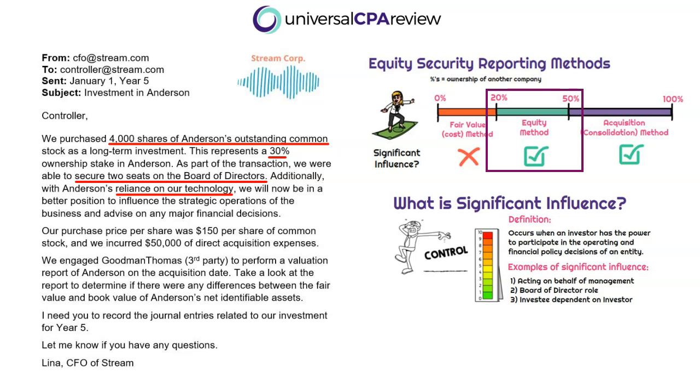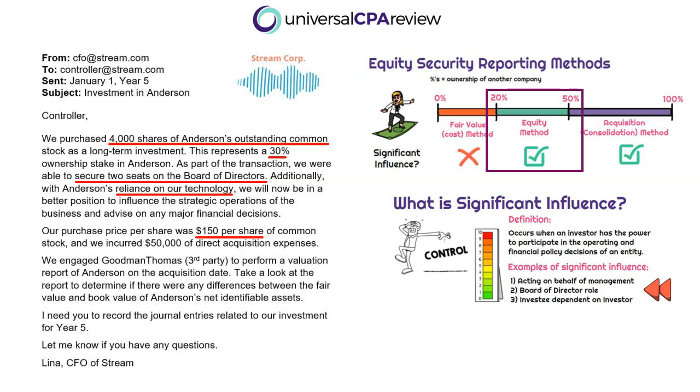So basically Stream is saying, let's make this investment so that not only can we grow this company, but we can also advise them strategically and financially. That sounds a lot like significant influence. Combined with that 30% ownership stake, under US GAAP we need to account for this investment in Anderson using the equity method.